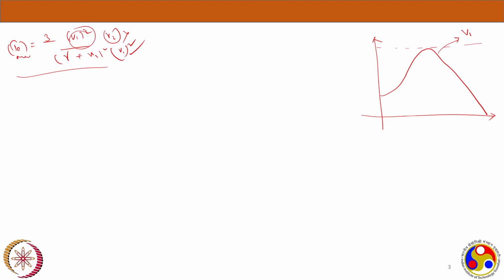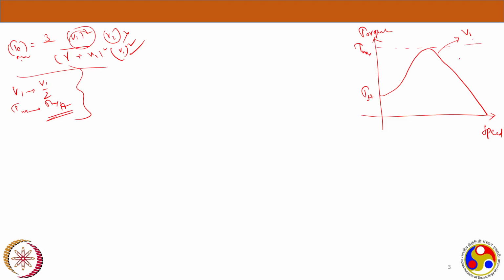Now if you halve the supply voltage, V1 by 2, your T max will be reduced by a factor of 4. Huge reduction. Now let's say this is the torque and this is the speed, and this is your starting torque and this is T max.